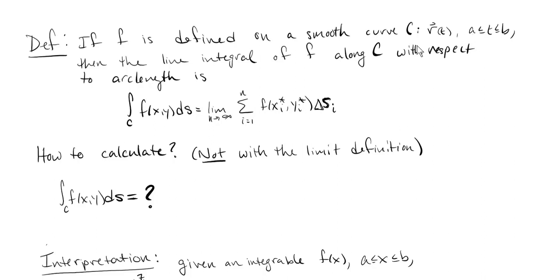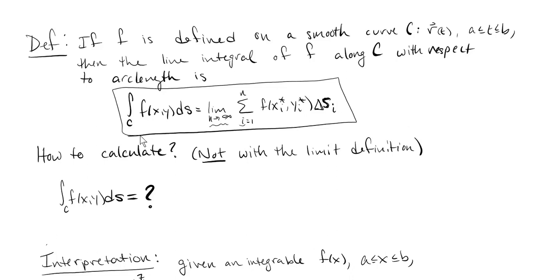Then, say C is defined by this r of t parameterization from t equals a to b, then the line integral of f along C with respect to arc length is, this is a definition for the 2D case, works just the same for a 3D case, this big expression. The limit of the sum of the sampling of our function on each little piece times the size of each little piece. That's the exact same procedure we always did when we were creating new types of integration.